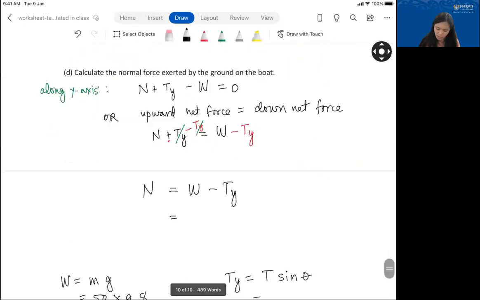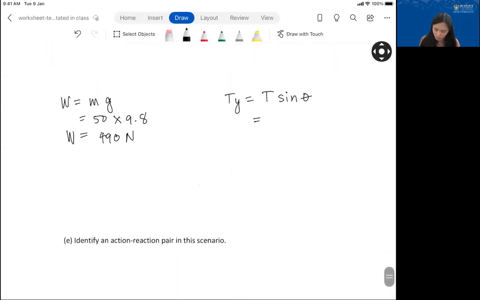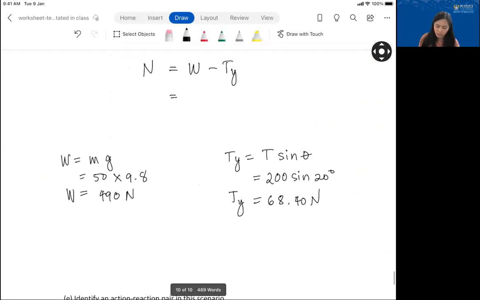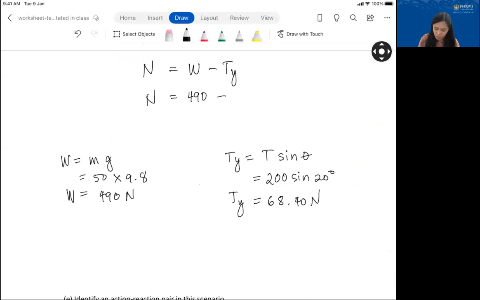So that will be T sine theta, 200 sine 20 degrees. Sine 20 degrees times 200 is 68.40 newtons. Then you'll be able to find your normal force: 490 minus 68.40.